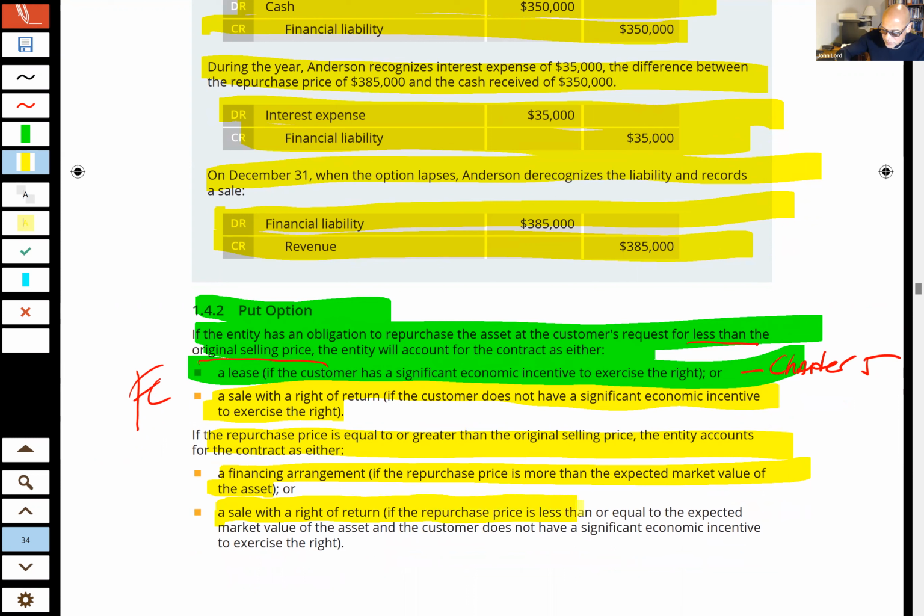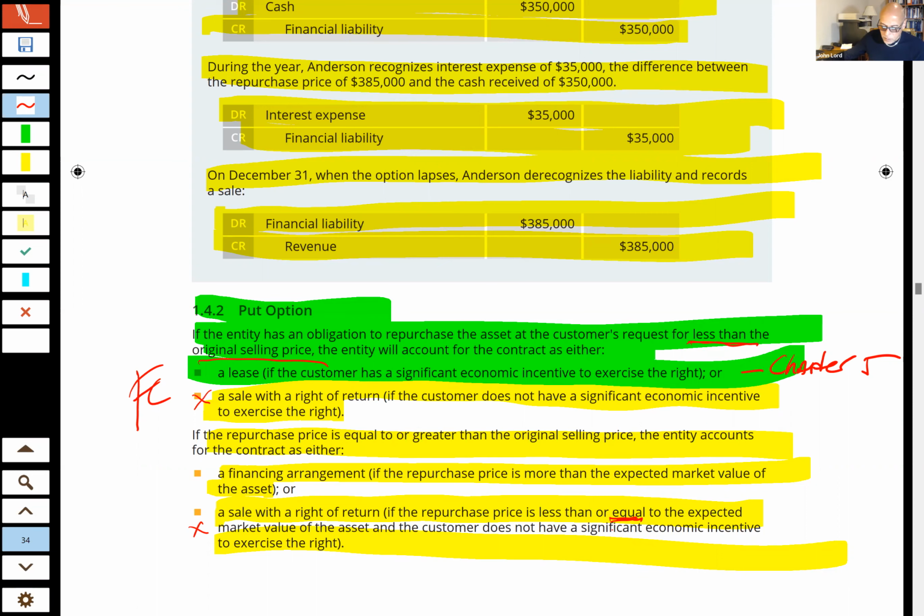They're repeating what they said up above, except now they had to add that if it is equal. Up there we just said if it was less, and now they're saying if it's less than or equal, then you're going to go ahead and treat it as we already said up there.